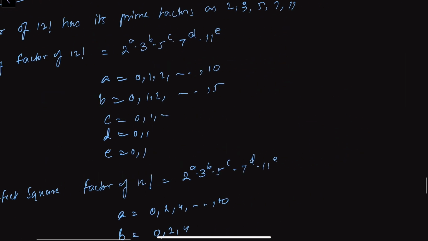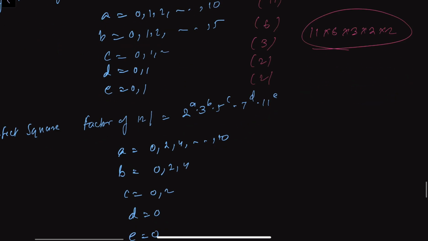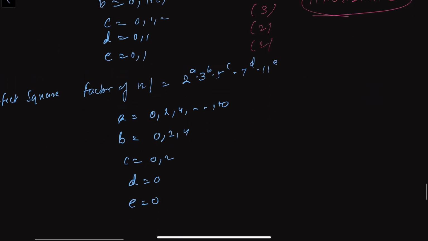So the total number of factors has 11 into 6 into 3 into 2 into 2 possibilities, of which the perfect squares are 6 into 3 into 2 into 1 into 1.